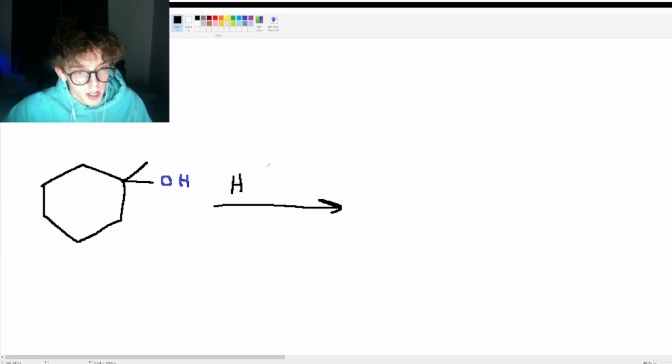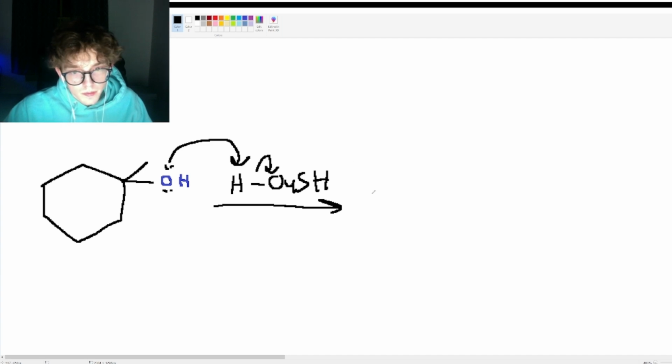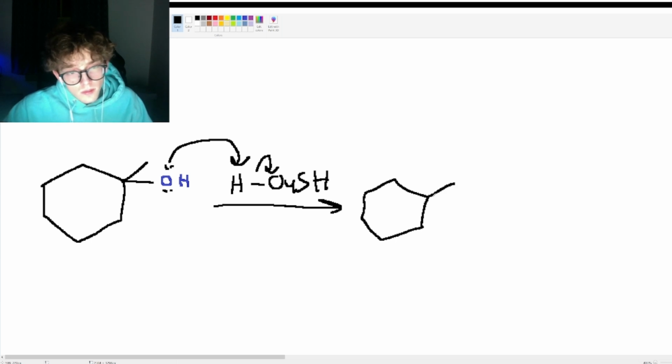So remember how this occurs: HSO4-, for example, with some lone pairs, reaches out, grabs a hydrogen. And now we have a pretty good leaving group. Water is happy to leave and not come back.